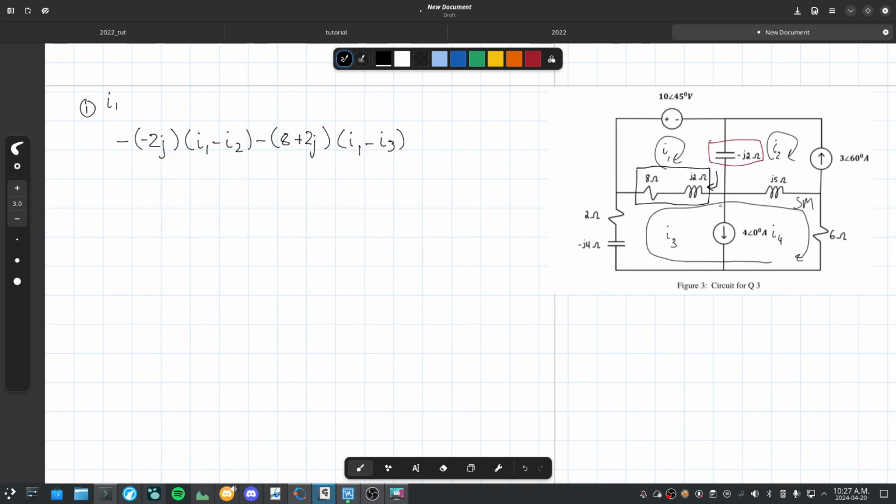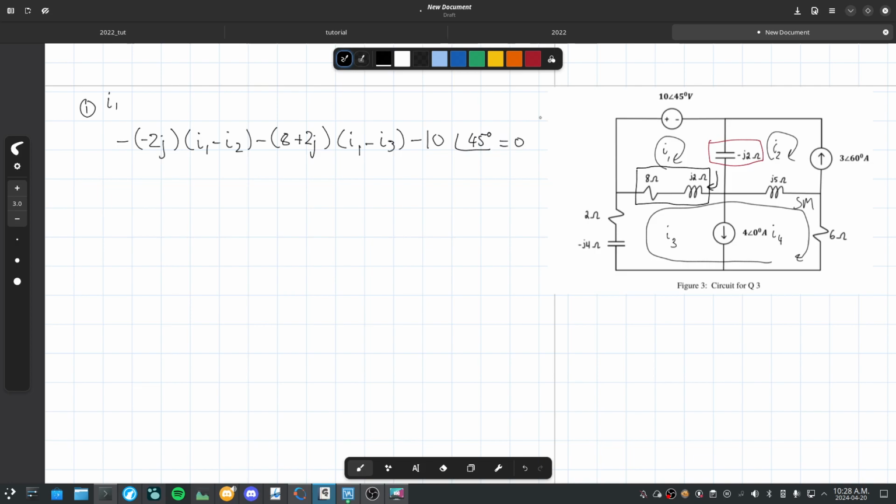Recall, even though we have this super mesh, this area here is I3, and this area here is still I4. So we continue on in our circuit until we hit the voltage. Now, recall how voltage sources work. If you come out the negative end, it's going to be negative. So we do subtract 10 with a phasor of 45 degrees is equal to 0. Then we finish it off.